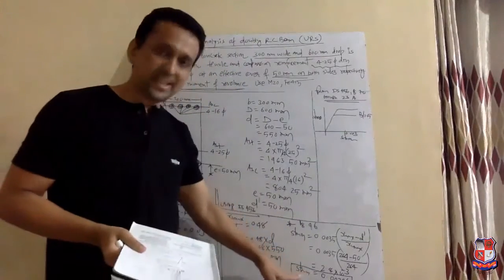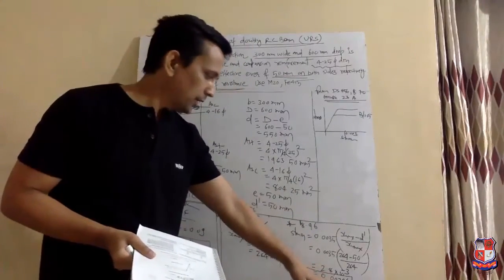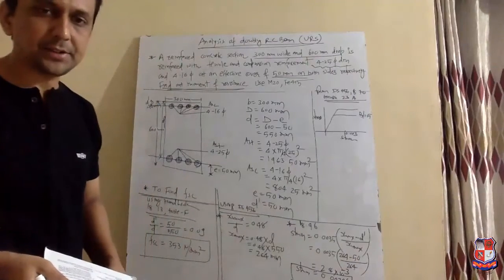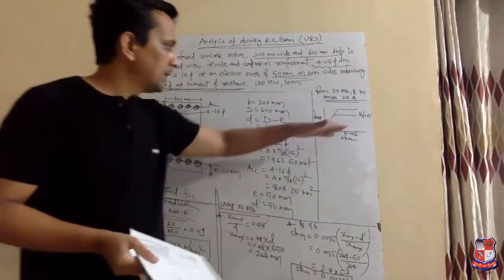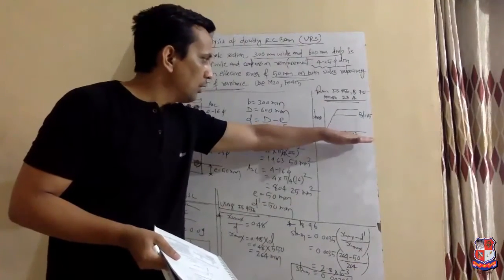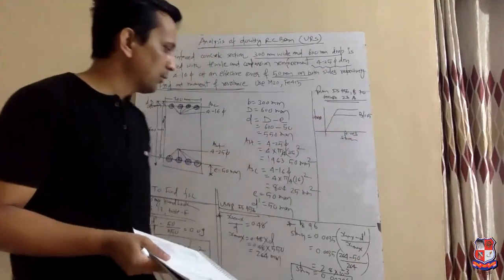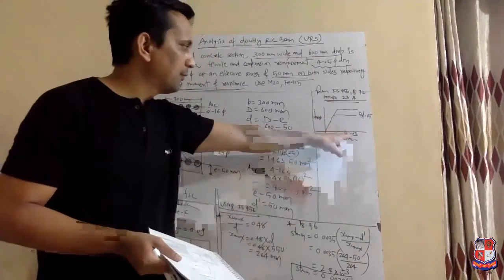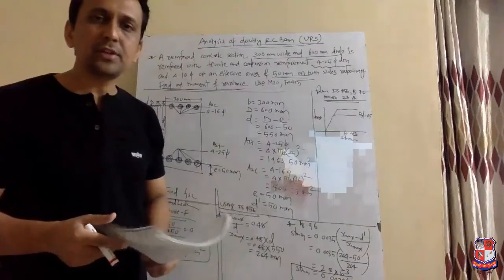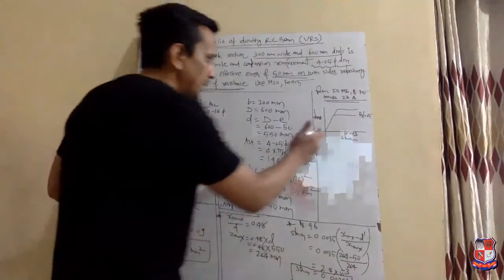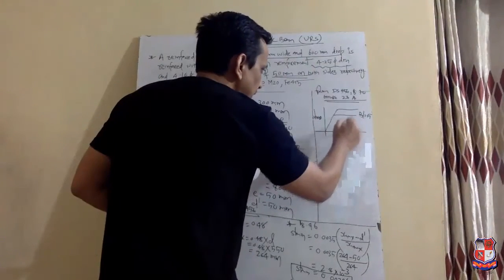Our value of strain is 0.0028 and the value of strain in IS 456 is given for 0.003. So we take it as nearly equal to this.